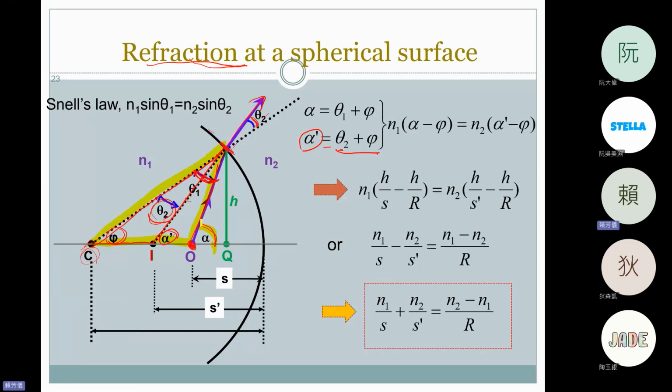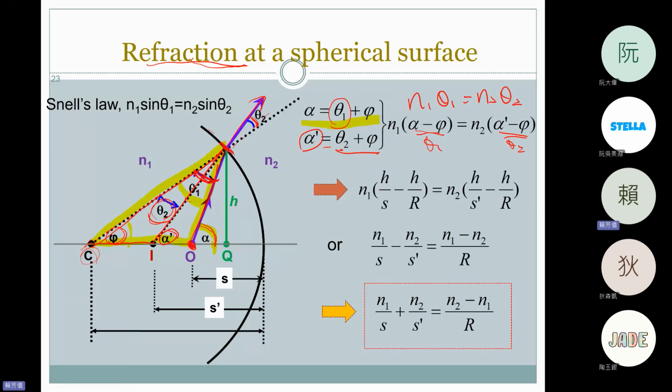So alpha will equal theta 1 plus phi. Then we can use Snell's law. Snell's law tells us, okay, theta 1 here, and this is theta 2.